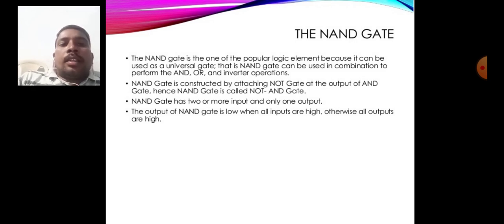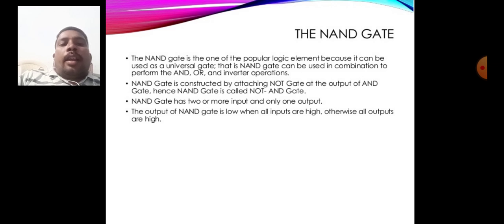The NAND gate is constructed by attaching a NOT gate at the output of the AND gate. That means the output of the AND gate is inverted, so it is NOT AND, hence NAND gate.